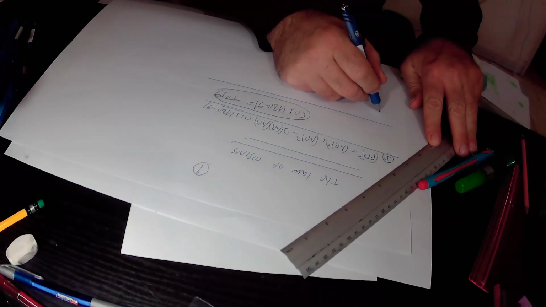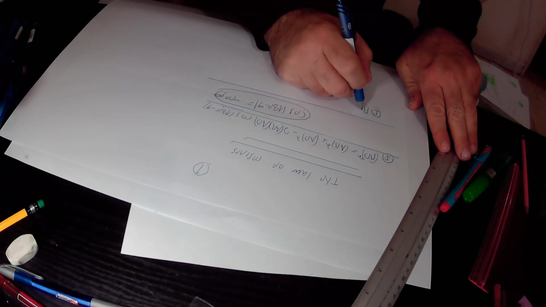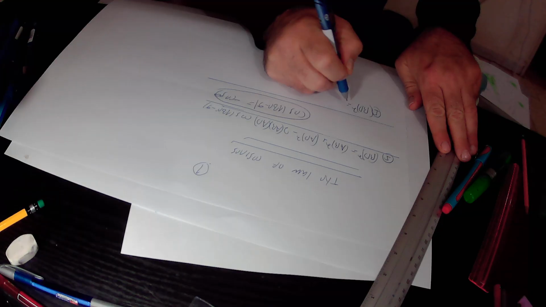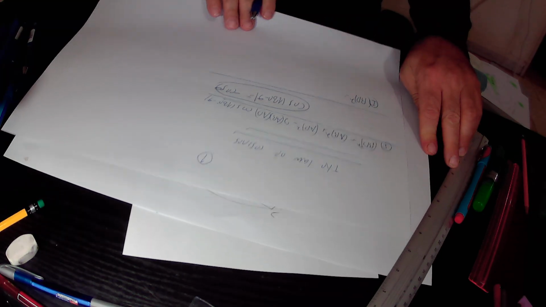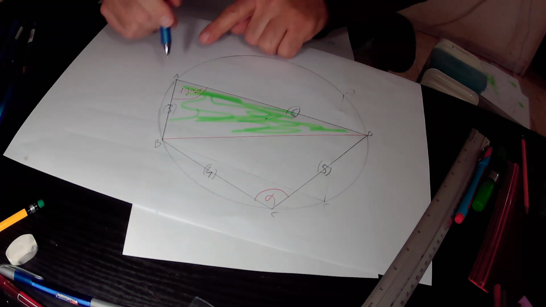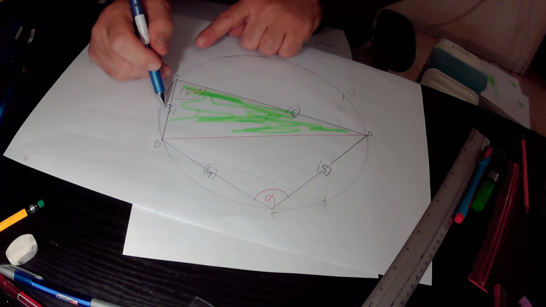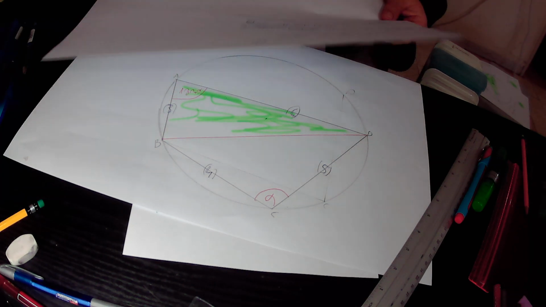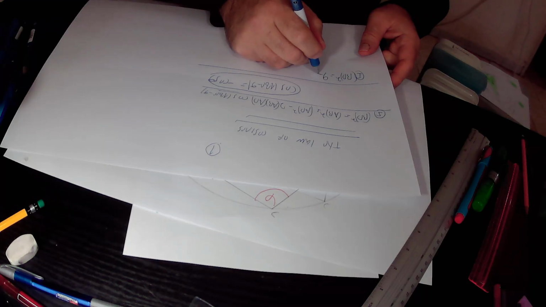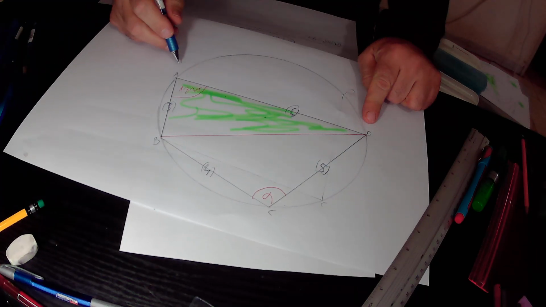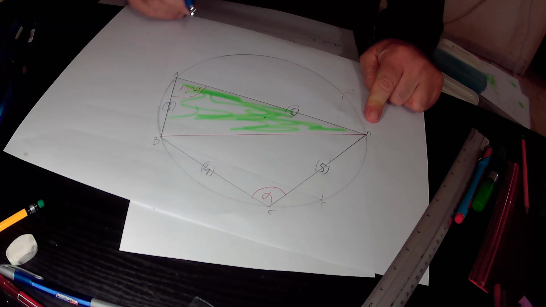BD squared, according to equation 1, equals AB squared. AB is 3, therefore AB squared is 3 squared, that is 9. Plus AD squared. AD is 6, therefore AD squared is 6 squared, that is 36.